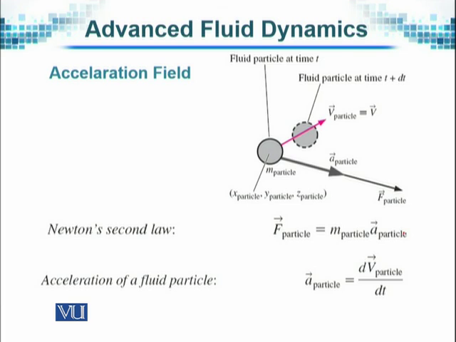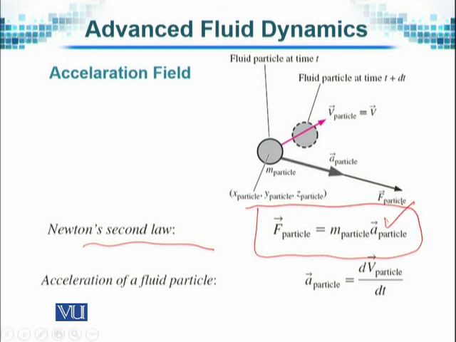So in the same picture, Newton's second law of motion is shown, and you can see that acceleration is very important, because when a force is applied on the fluid, it is governed by the law that force is equal to mass into acceleration.